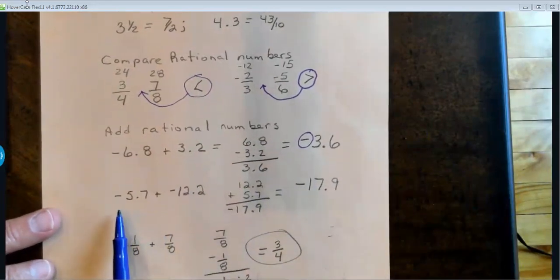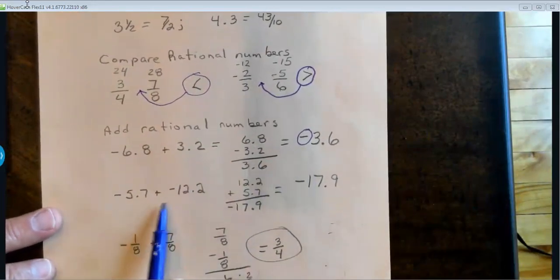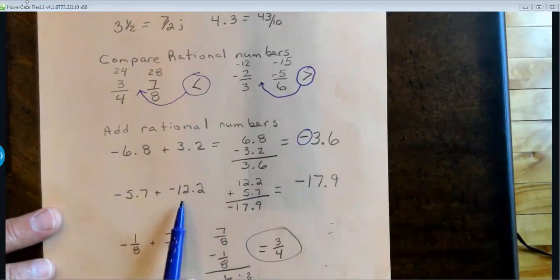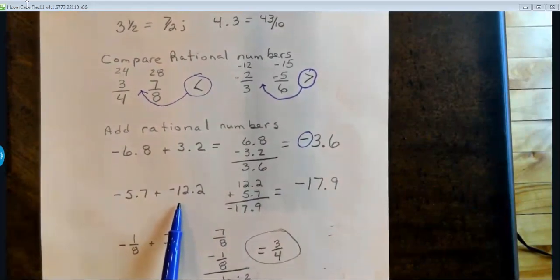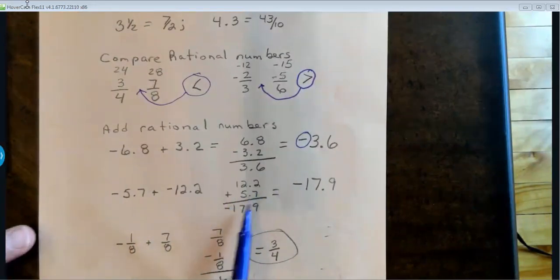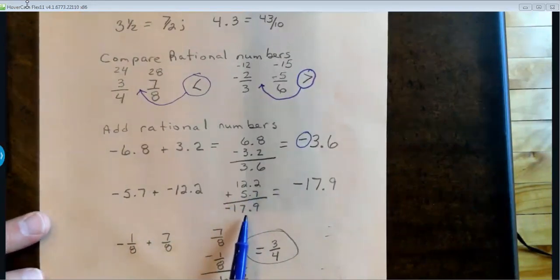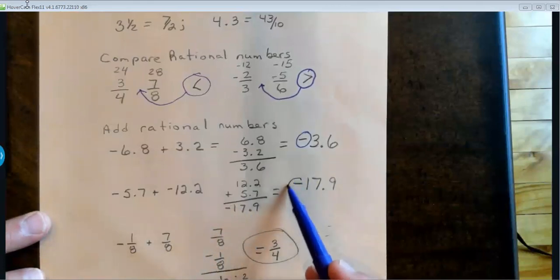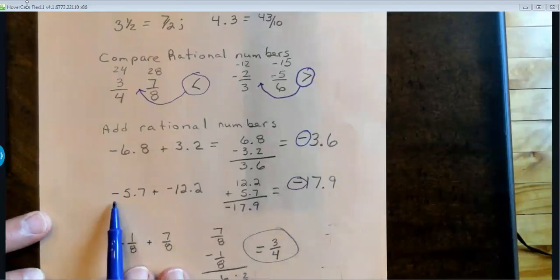In the second example, I'm adding two rational numbers that are both negative, so I'm just going to add them and keep the sign. 12.2 plus 5.7 is 17.9, and it would remain negative because I'm adding two rational numbers with the same sign, so I add and keep the sign.